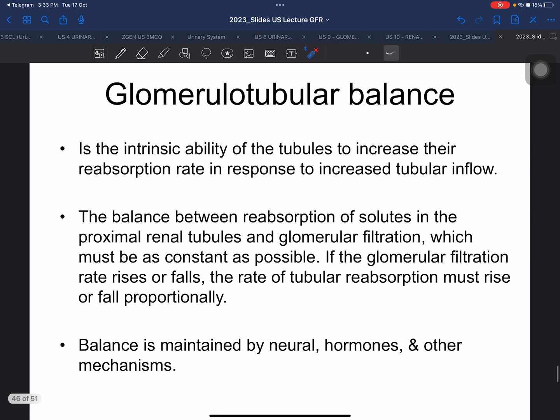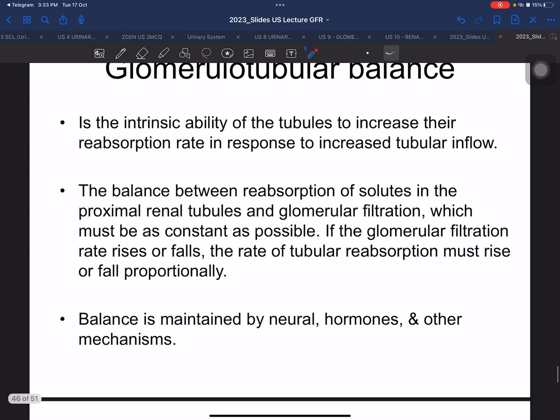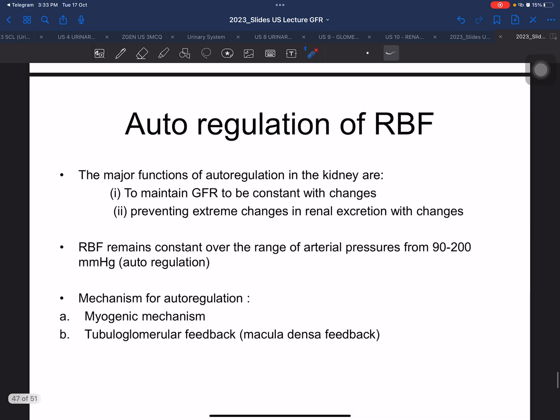So what is this called? It is the autoregulation of renal blood flow. So why do we have this mechanism of autoregulation? Its function is to maintain the GFR value to be constant.